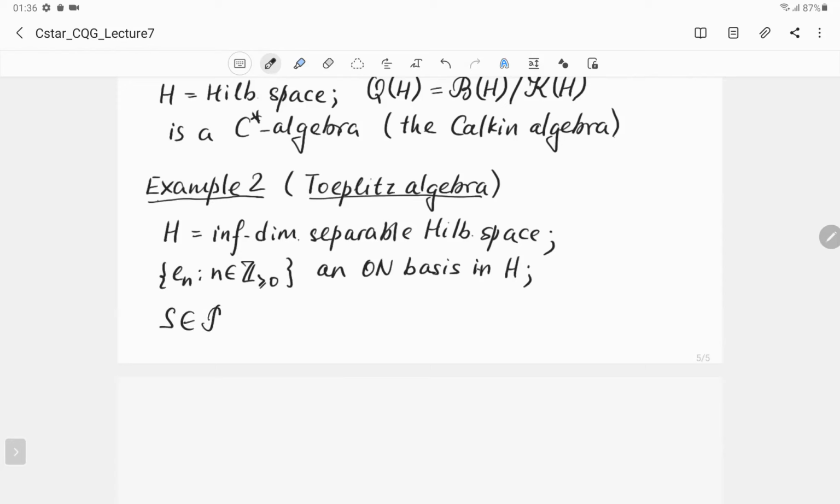So the right shift operator is a bounded operator on H, uniquely determined by the following formula. It takes e_n to e_{n+1} for each n. This is the right shift operator.